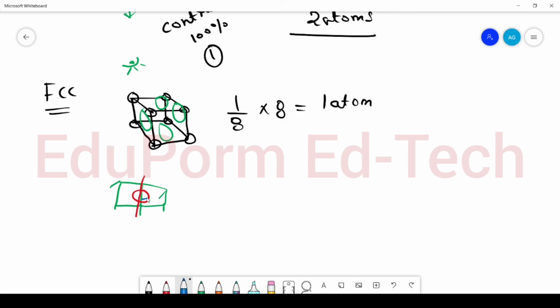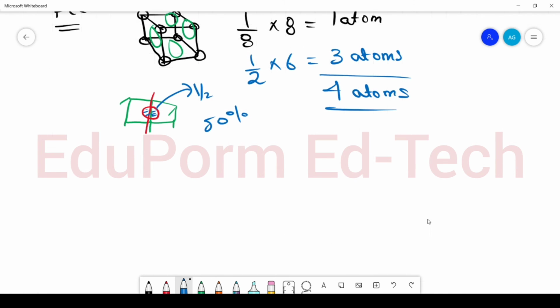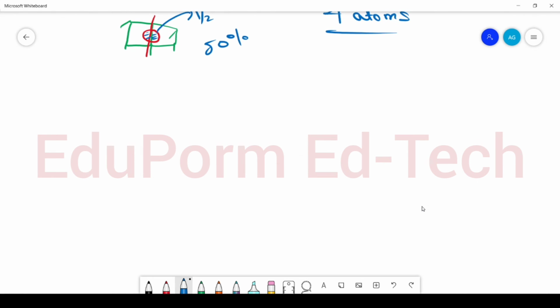So the contribution of each atom present at the face is 1 by 2, that means it is 50%. So we have a contribution of 1 by 2 and a total of 6 atoms are present on the faces. So we get 3 atoms contributed by the faces. So in total 4 atoms are present per unit cell in case of FCC, that means face centered cubic crystal.